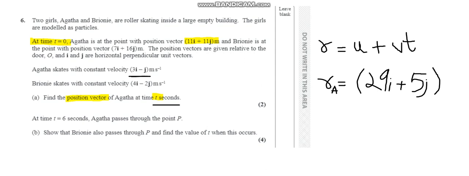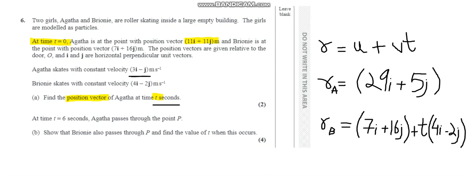Now I'll add the position vector for Brioni using the same method we used earlier, or the formula you can see above. The position vector for Brioni is 7i plus 16j, the initial position vector, plus t times 4i minus 2j, the constant velocity at which Brioni skates. Always remember to know what you are finding. In part B, they ask us to show that Brioni also passes through P and find the value of t when this occurs.